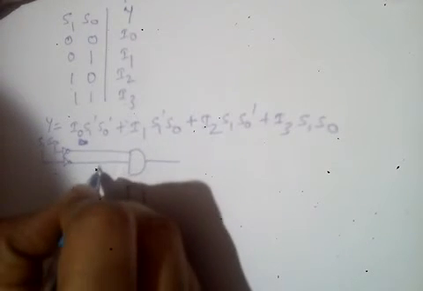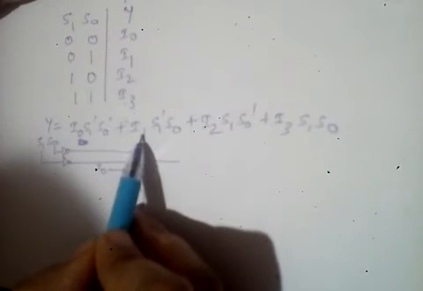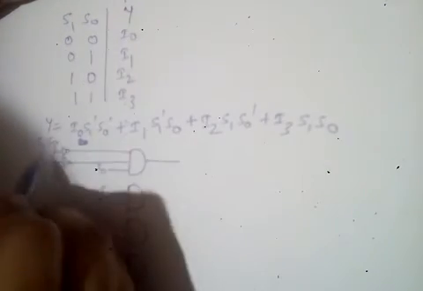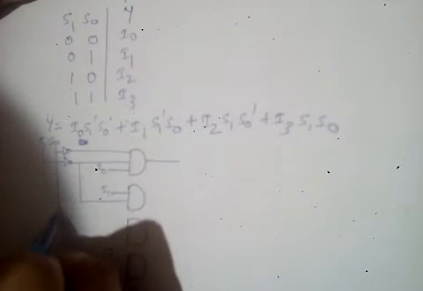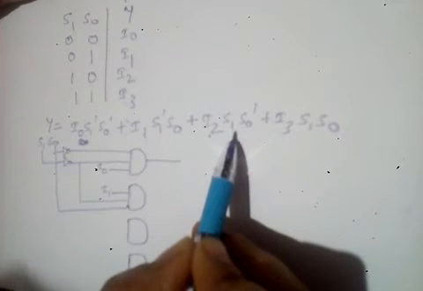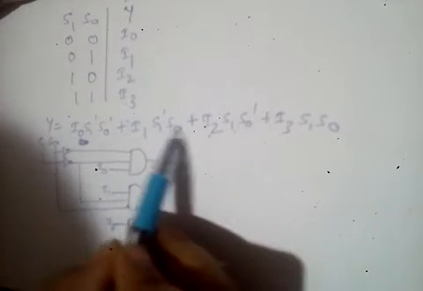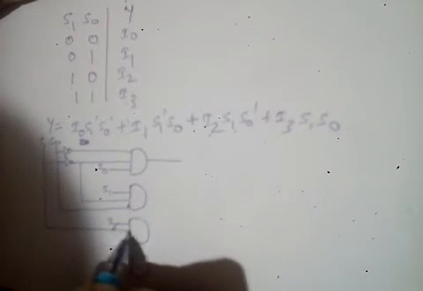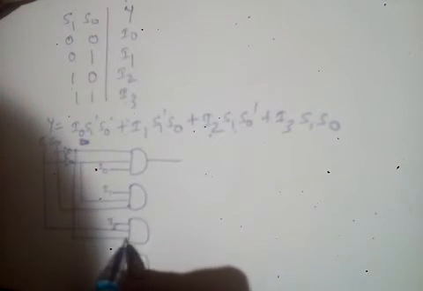Second one is I1 S1 bar S0. So this is S1 bar and this is S0. Third one is I2 S1 and S0 bar. This is S1 and S0 bar.